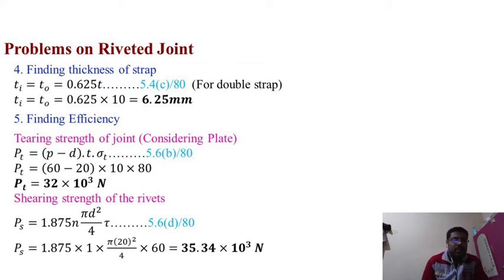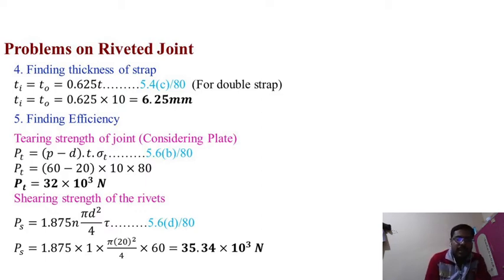Then the second one is the shearing strength of the rivets. P of S, the shearing strength, is equal to 1.875 n into pi by 4 d square into tau. This is equation number 5.6d, page number 80 from the data handbook. Write down the formula and substitute the available values.